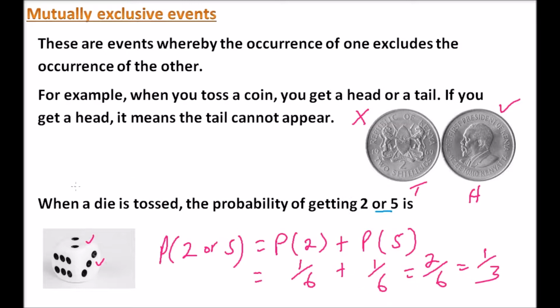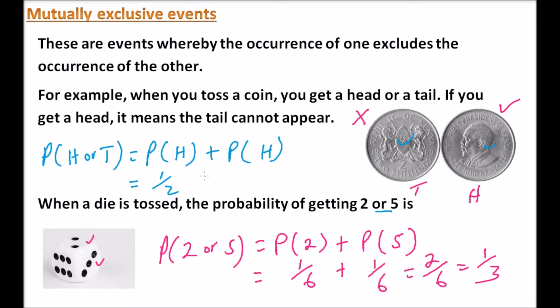Even with the coin here, the probability of getting a head or a tail is equal to, of course, when you toss a coin, you must get either a head or a tail, so it is the probability of getting a head plus the probability of getting a tail, which is a half plus a half, which gives you 1.